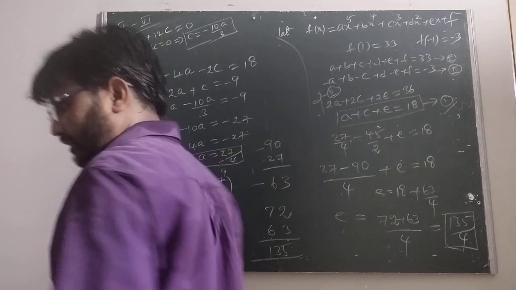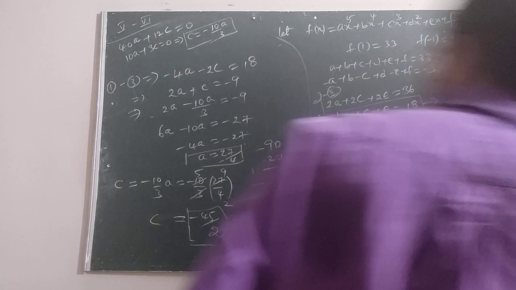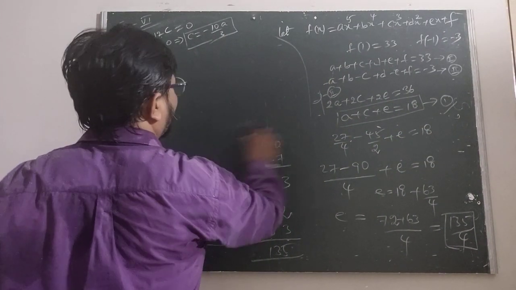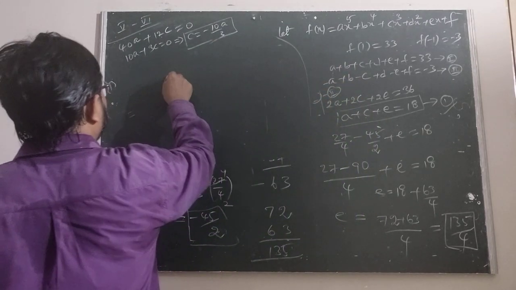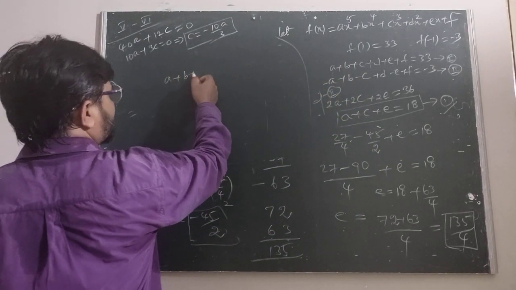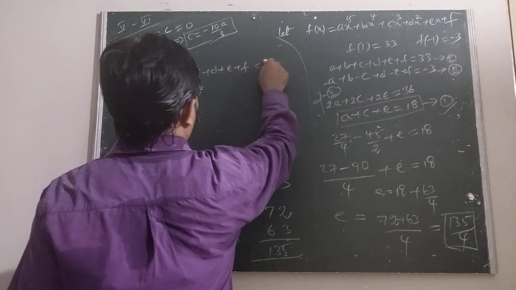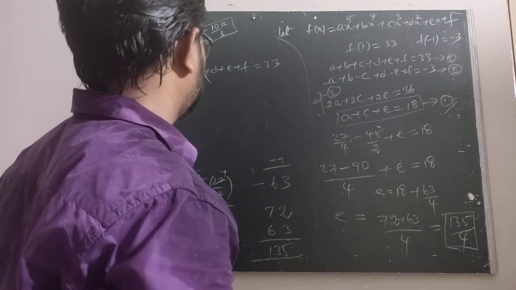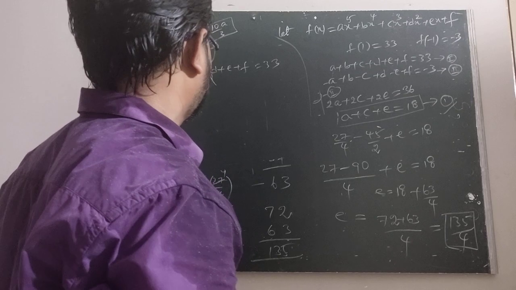Now we are getting the value of F. So how to find the F value? We all know that equation 1 is A plus B plus C plus D plus E plus F equals 33.